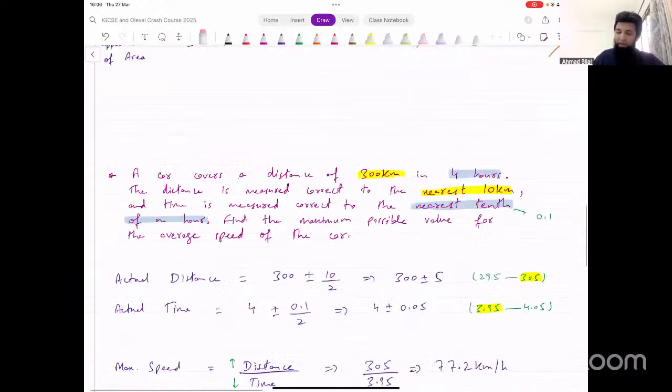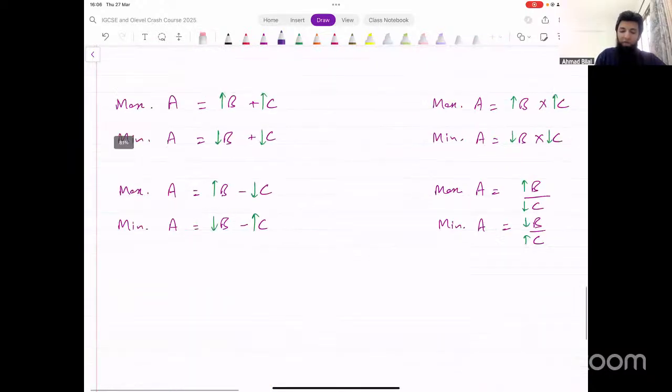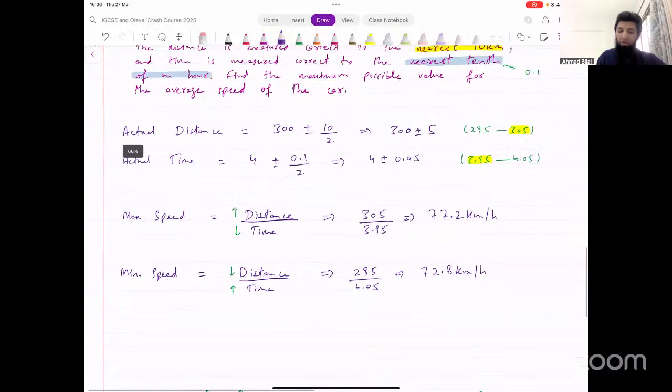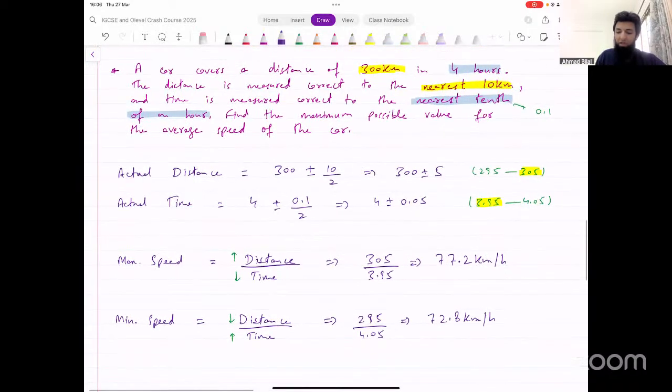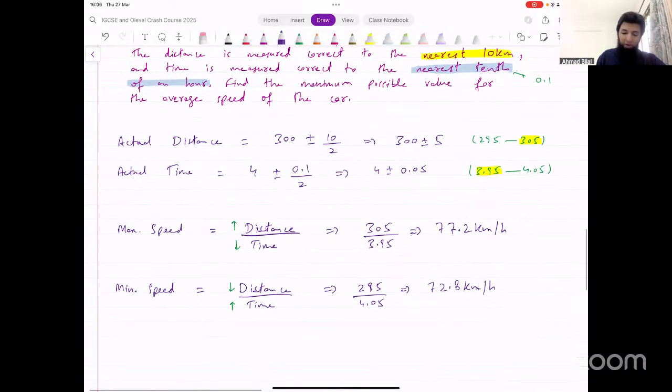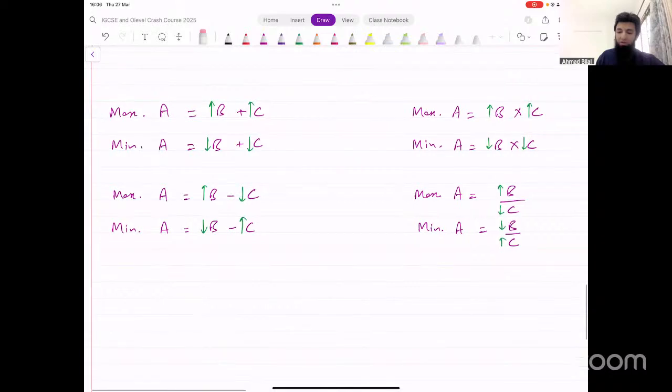And if it's some quantity that you have to calculate, for example you're given information about distance and time and you want to find speed, you think about the formula for that, and then you see which quantity you have to maximize and which you have to minimize based on these rules that we've discussed.